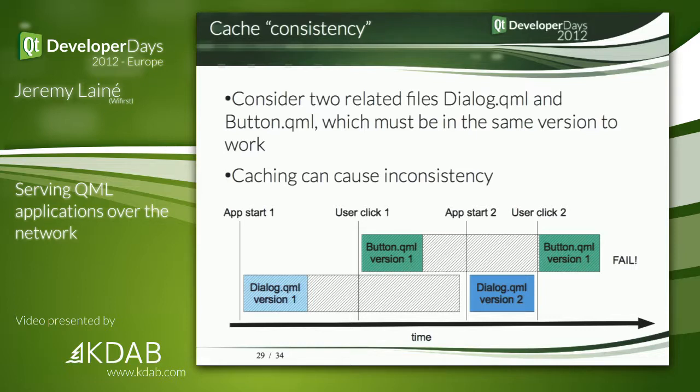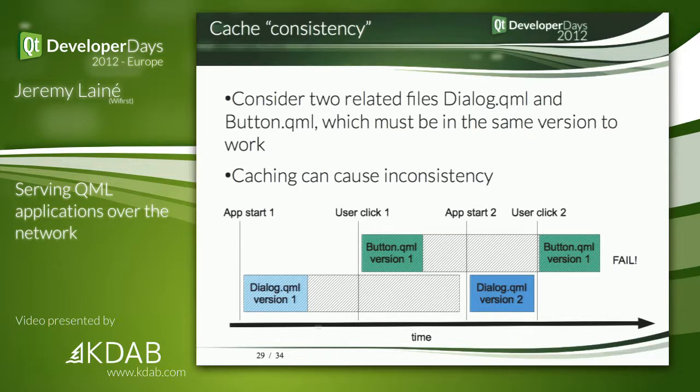Your user launches the application, a dialog comes up, and based on some event, the button is only created later on. So even if these two components have the same expires duration, if the user restarts the application, he's going to end up with the new version of your dialog, but still the old version of your button, in which case it's going to fail.